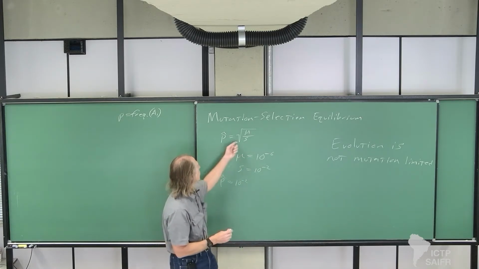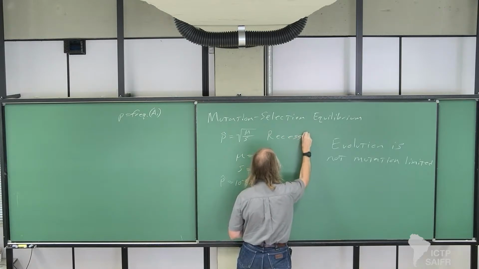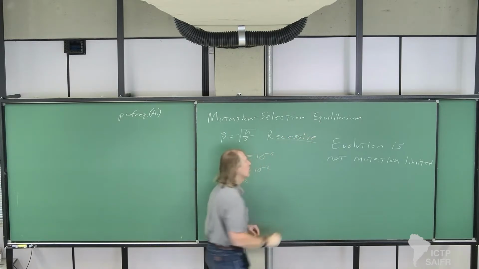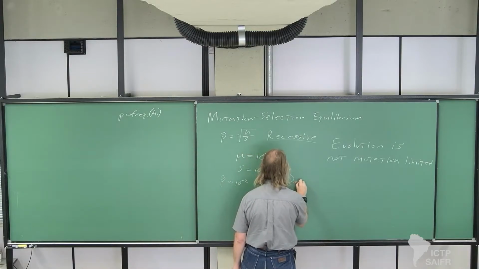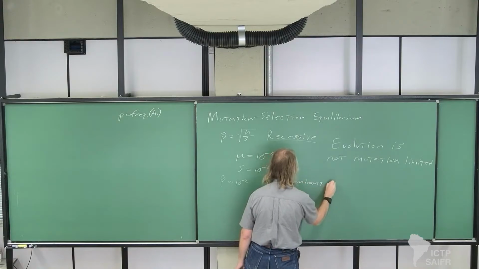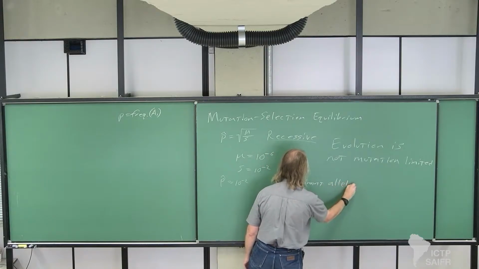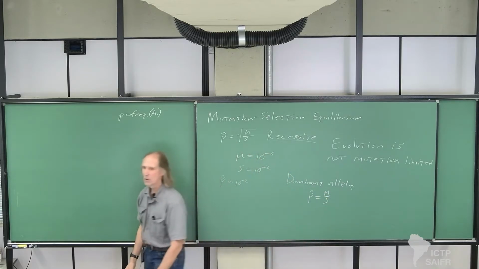Incidentally, this was for a recessive allele. If we did it for a dominant allele, we end up with simply mu over s, not the square root of mu over s.